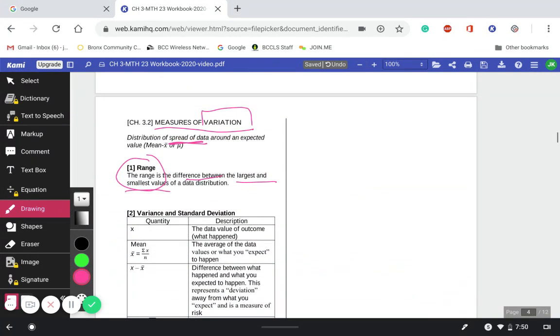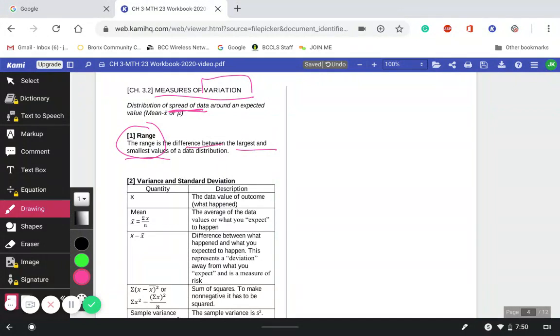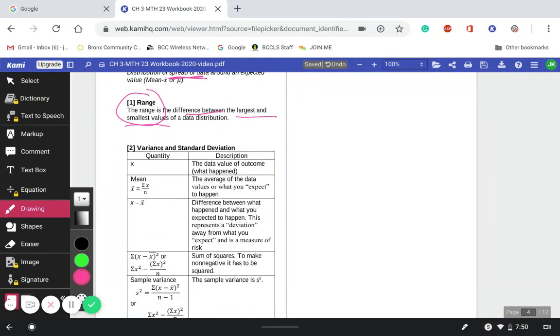So that's the range. And other vocabulary, or symbols, you have to know regarding variation are variance and standard deviation. Before I continue further, the relationship between variance and standard deviation is very simple.